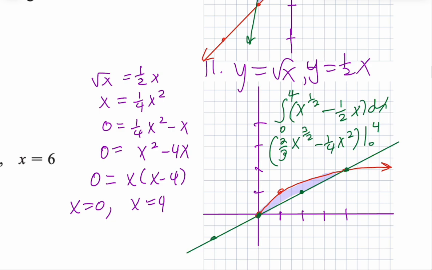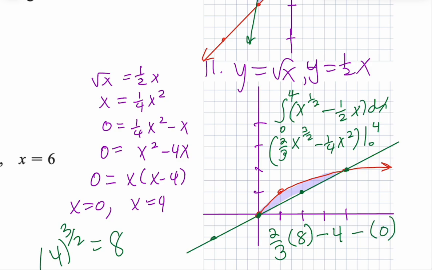I do want to plug into this one just so I can remind you how 3/2 powers work more than anything else. So it'd be 2/3 times 4 to the 3/2. I would suggest doing the 1/2 power as a square root of 4, which is 2, and then 2 cubed is 8. So that is 8. And then minus 1/4 of 16, which is 4. And then if you do check, you do get 0 every time.